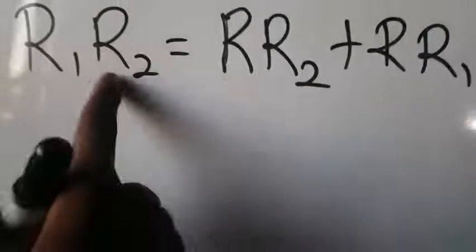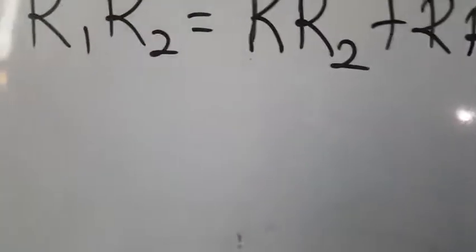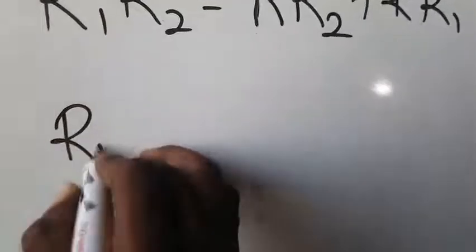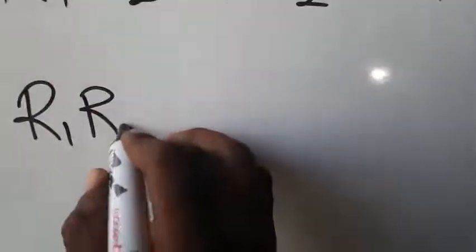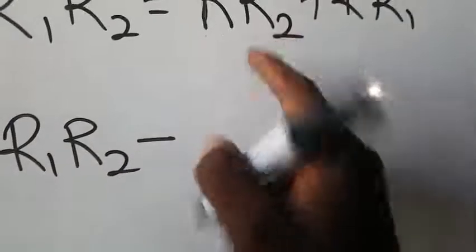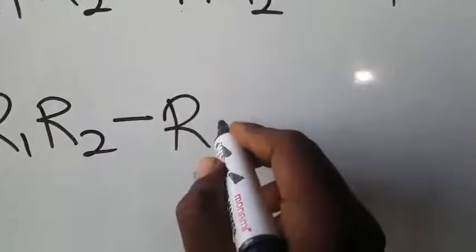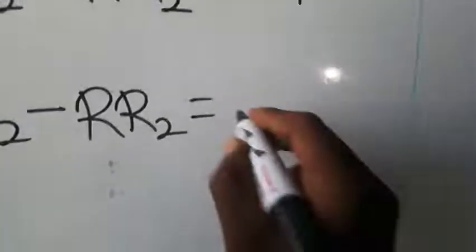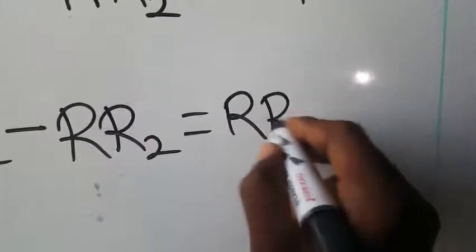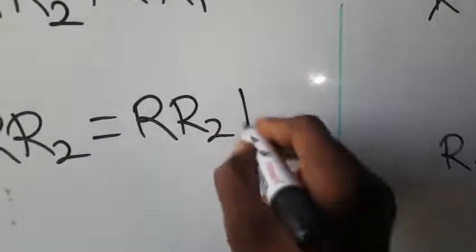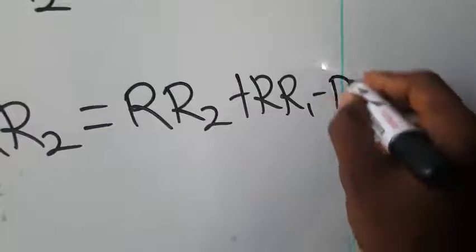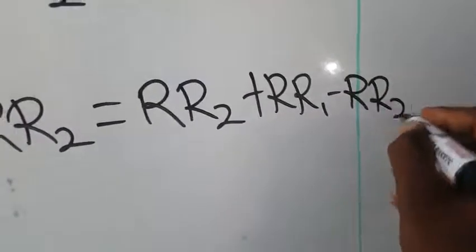And we do the same thing also here. Let me write it down here. That is r1 r2 minus r2 is equal to r2 plus r1 minus r2.